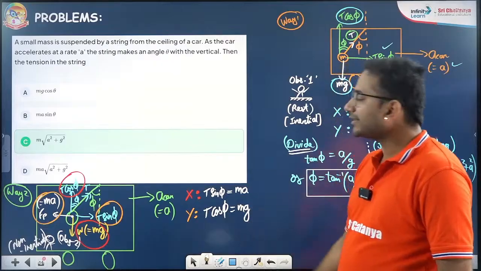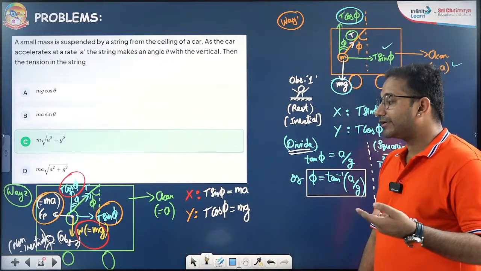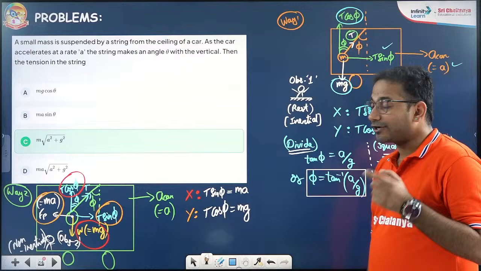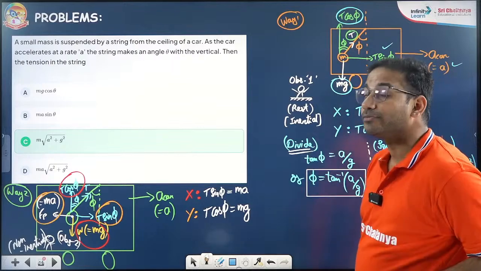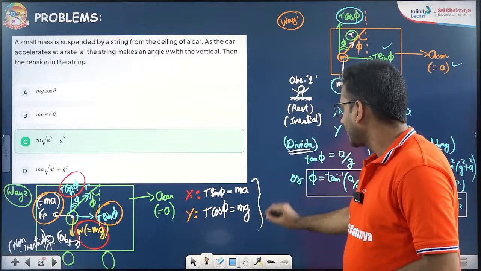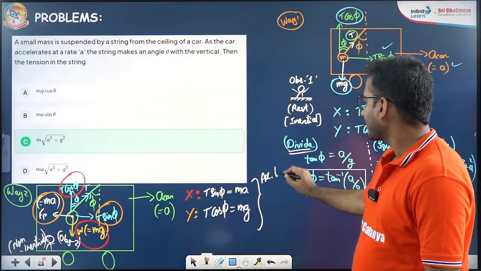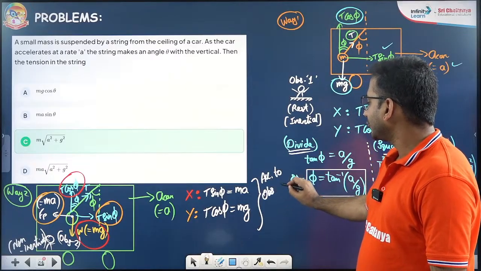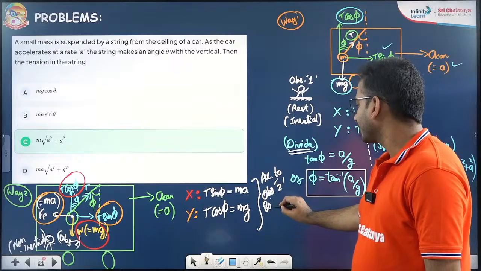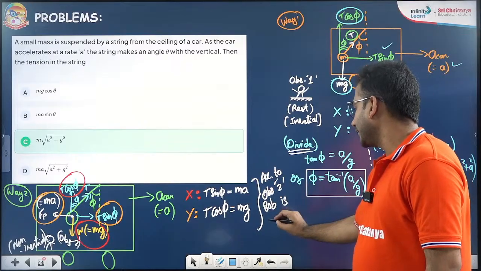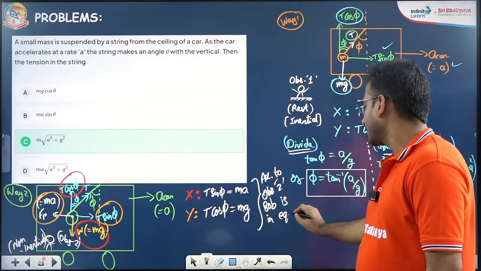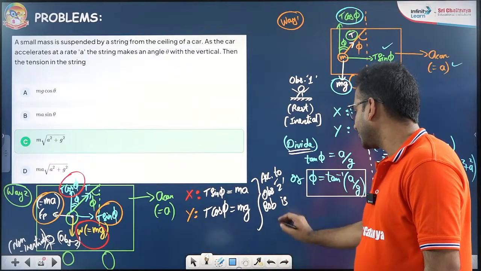Why are we balancing it? Because if the observer is standing inside the cart, then according to that observer, Bob is not observed to be moving. According to observer 2, Bob is hanging in equilibrium.